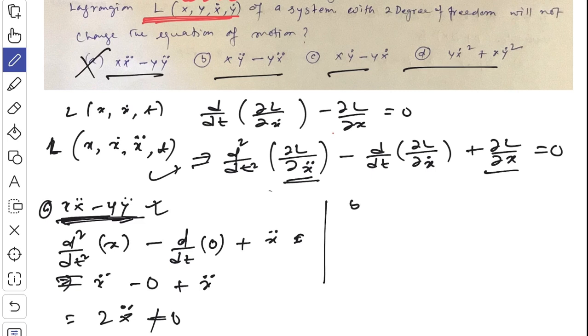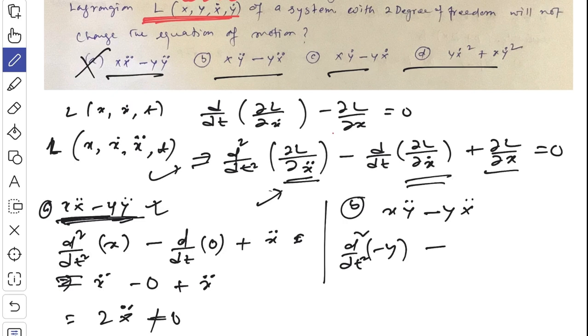So let me check the second option, B, x y double dot minus y x double dot. In that case, if you find del L by del x double dot, you will get minus y, second order derivative of minus y. Then minus, if you find del L by del x dot, you will have 0 again.